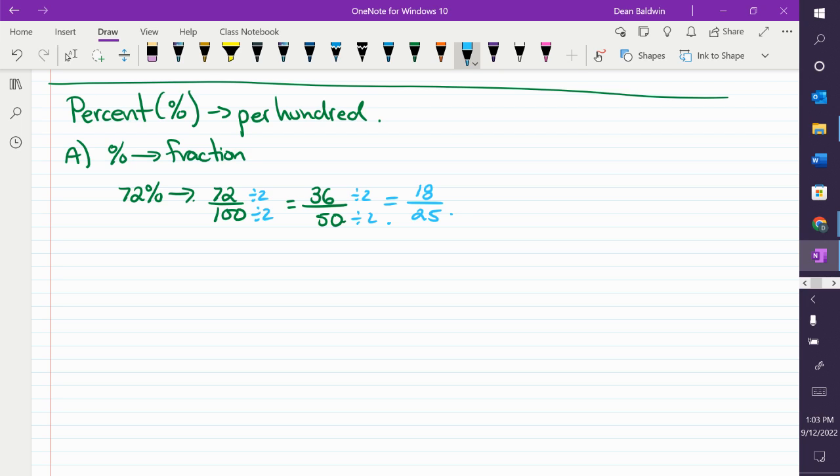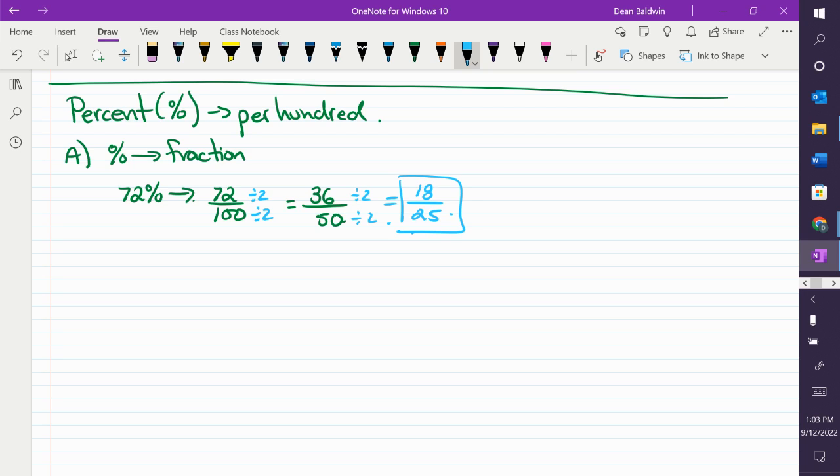No. Wait, no. You are done. 5 does not go into 18. Okay, so 18 out of 25. We could have divided by what number right at the beginning to get that? 4. If you use a bigger number, you get there faster, but it doesn't matter in the end. So 18 out of 25.